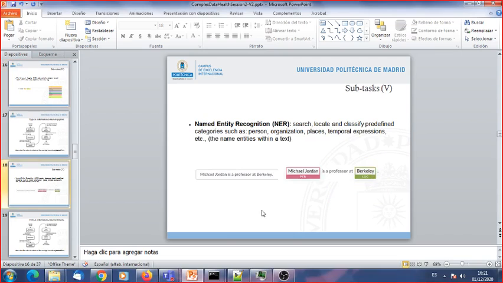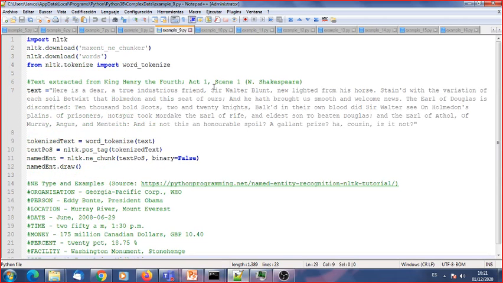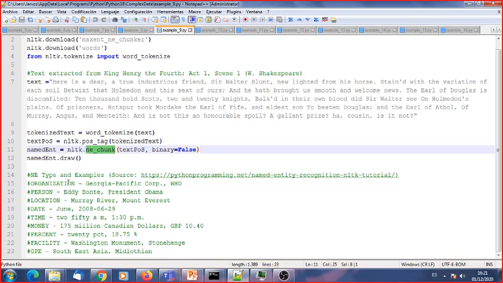We are going to perform our own named entity recognition. In this case, the recognizer only recognizes an organization, the name of a person, a location, dates, time, money, percent, the name of a facility, and geopolitical entities.